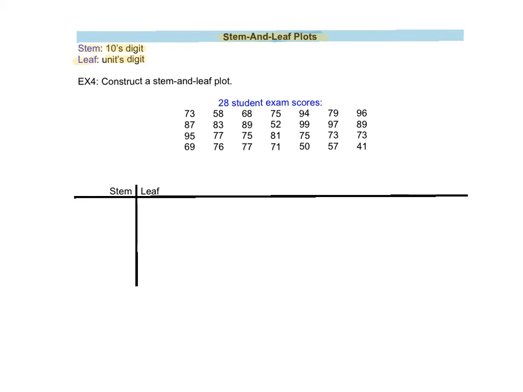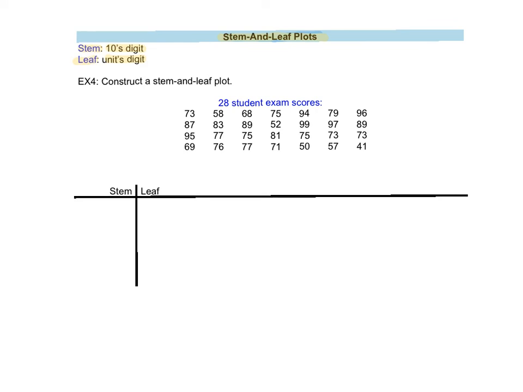So if I look at these different data values, I could see that the lowest score is in the 40s and the highest score is in the 90s. And I have 40s, 50s, 60s, 70s, 80s, 90s. I have them all. So my stems are going to be the 10 spot.